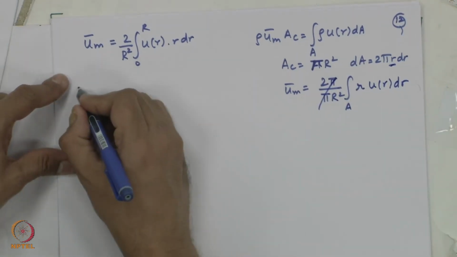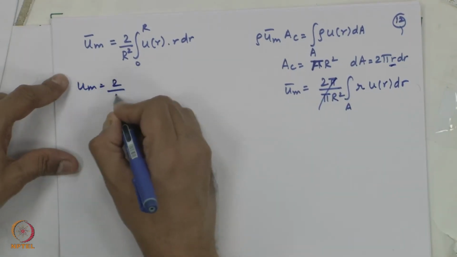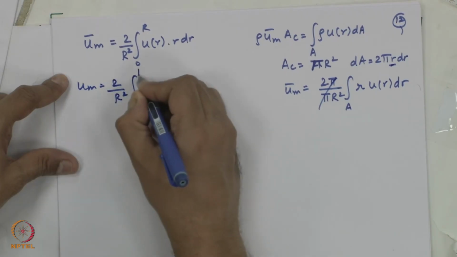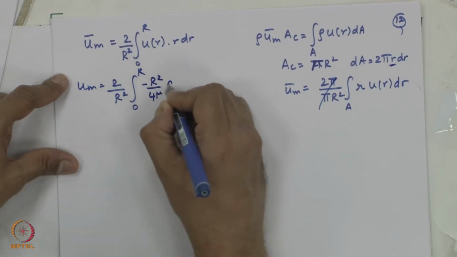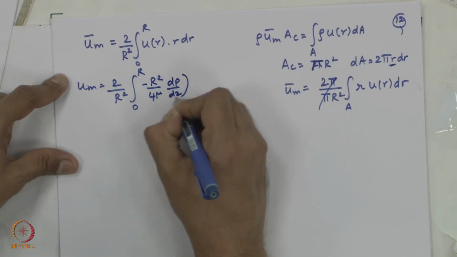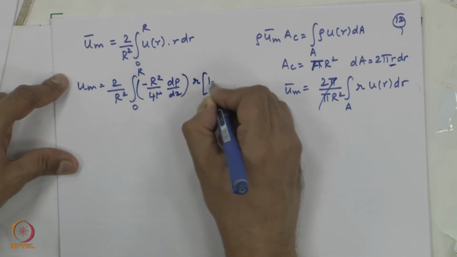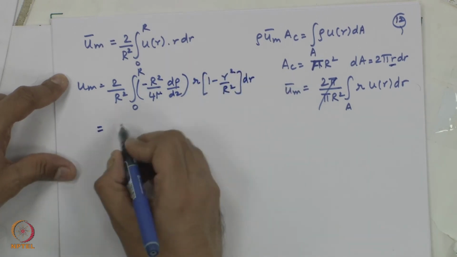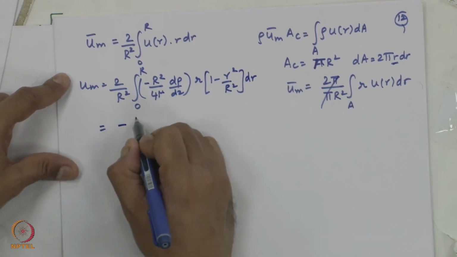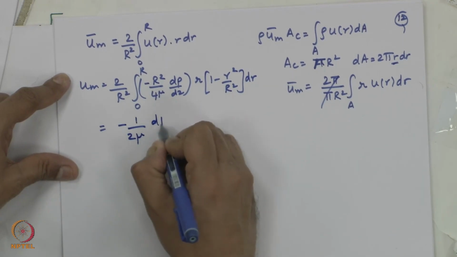Okay. So, I substitute for the profile: 2 by R squared integral 0 to R, minus capital R squared by 4 mu dp by dz as it is, r into 1 minus r squared by capital R squared dr, which is nothing but minus 1 by 2 mu dp by dz.